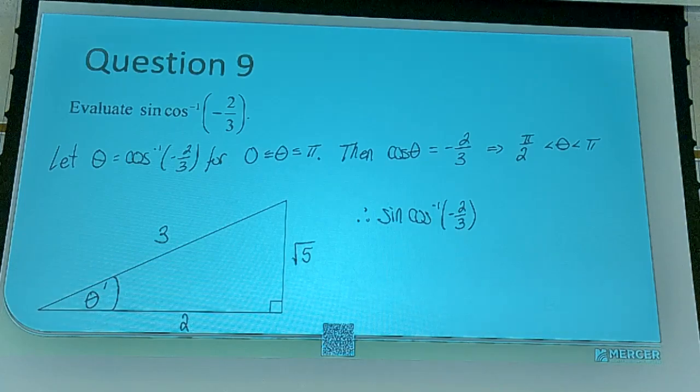Okay, now we're in quadrant 2. Is sine positive or negative in quadrant 2? Negative. Sine is positive. Oh, isn't that nice?